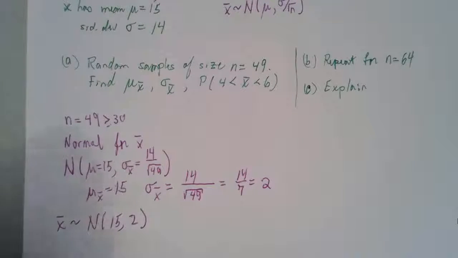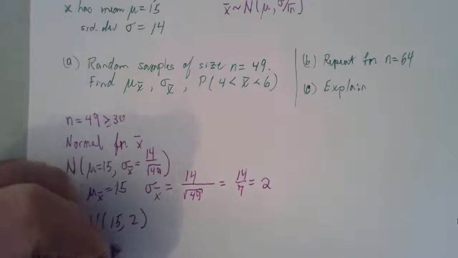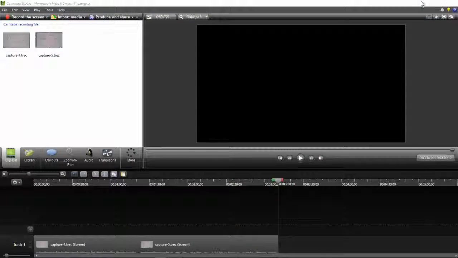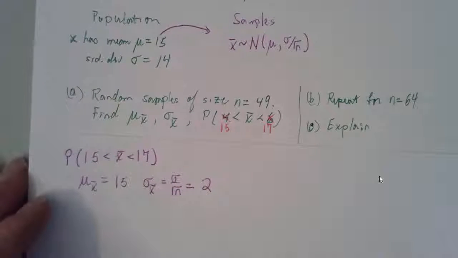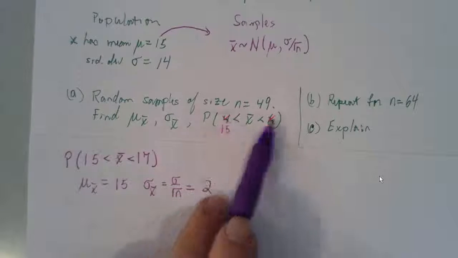Now we're looking for the probability that x bar will fall between the values of 4 on the bottom and 6 on the top. Okay, by the way, we had an error here.